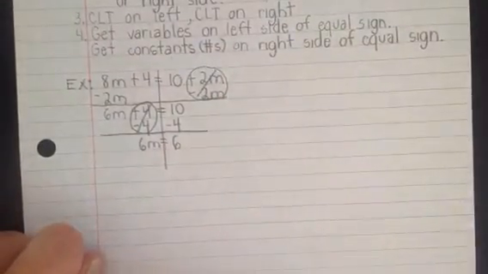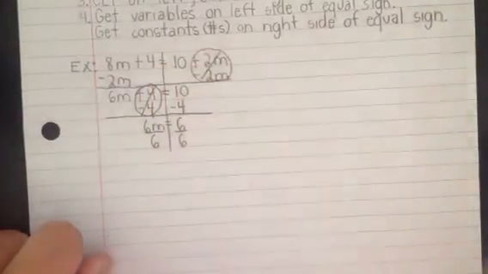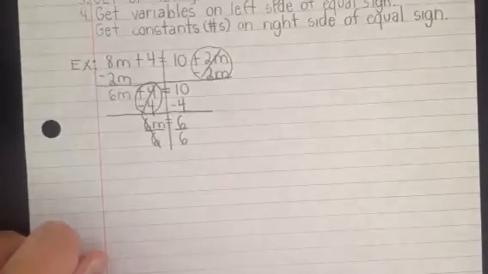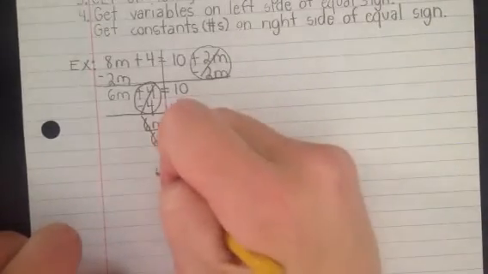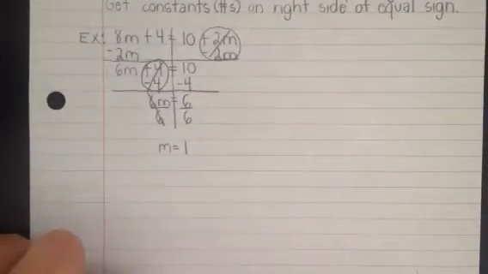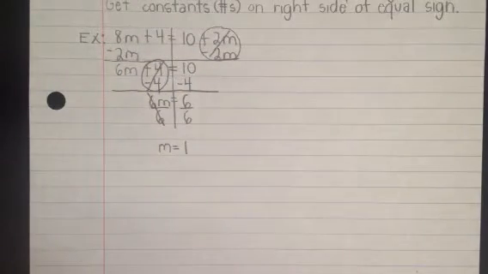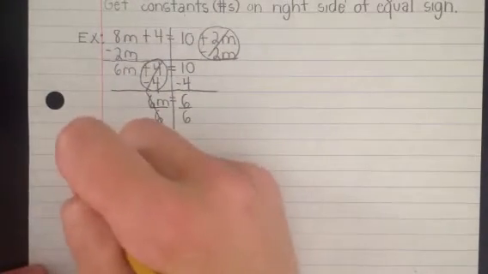So my last step is just to solve as usual. Divide by 6, divide by 6. 6 over 6 cancels, and we get m equals 6 over 6 reduces to 1. Alright, and you could plug that back in for m and see that that is the correct answer, which we'll be doing in class. Let's look at another example.